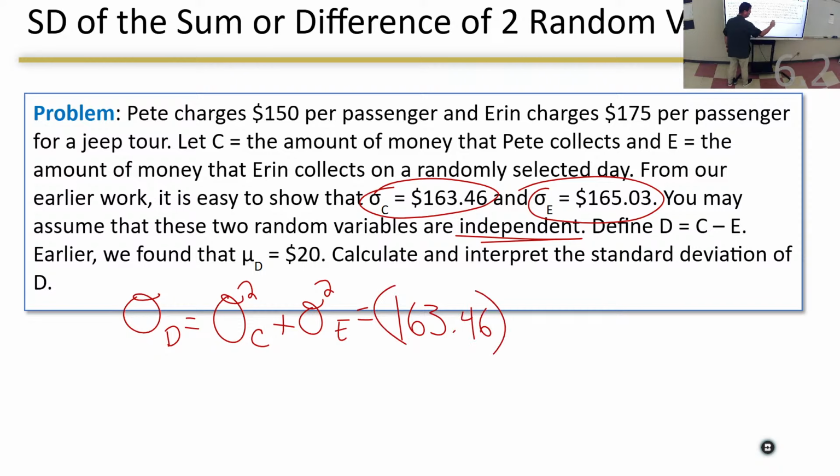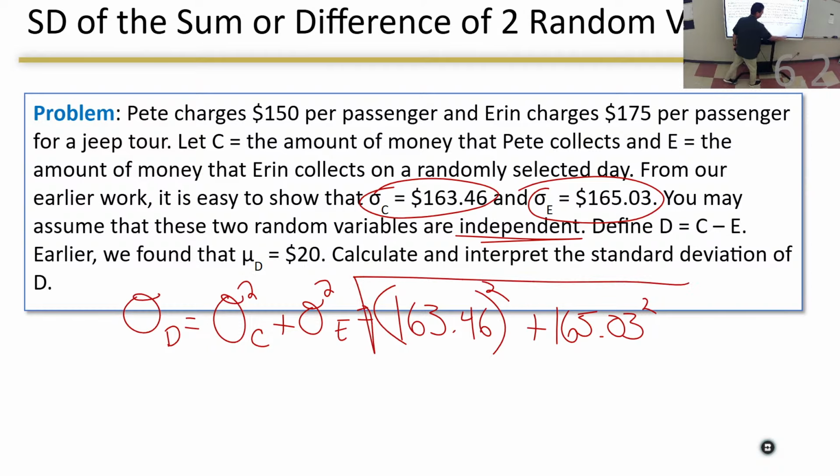163.46 squared. Holy cow, we're getting some big numbers. Plus 165.03 squared. And then I have to take the whole square root of that.